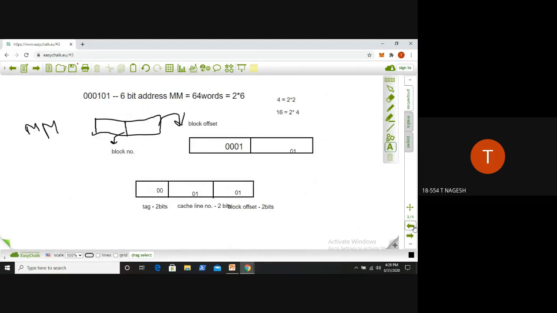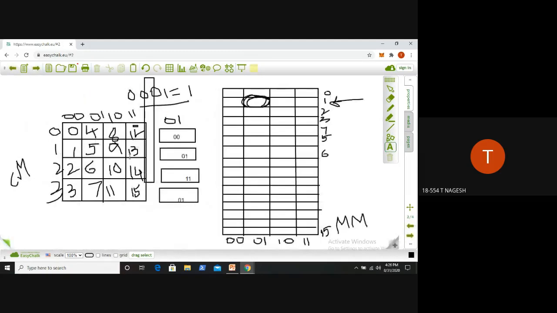If I go and check that line, the tag bit value of that cache line is not 00, it is 01. That means it is not the required cache line, or not the required address for the processor. So it simply represents a cache miss in this case.